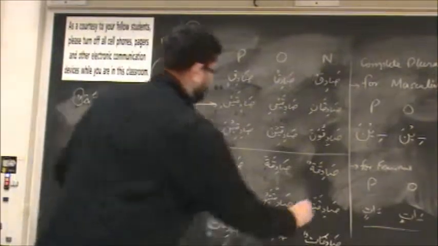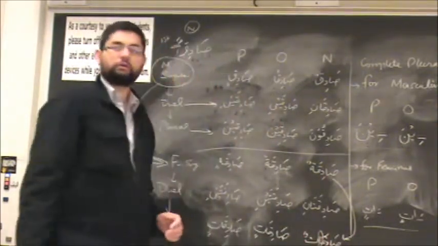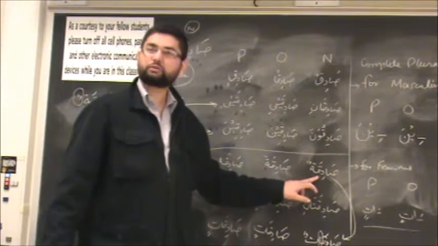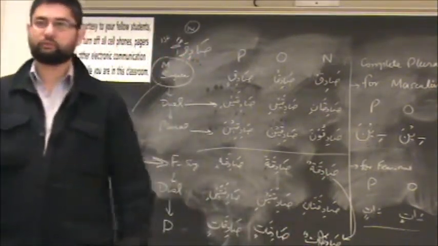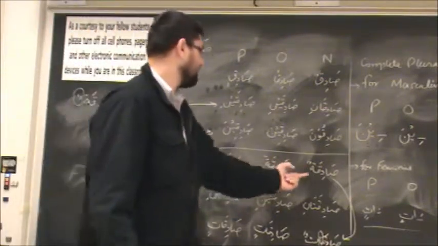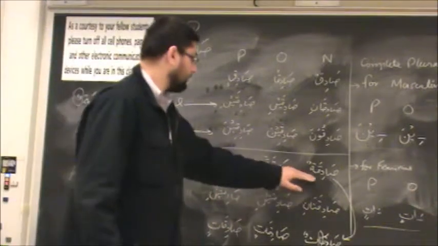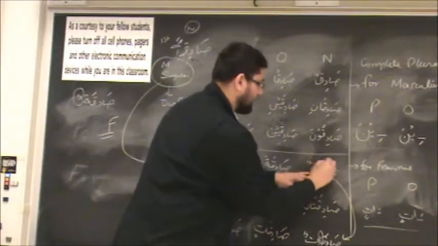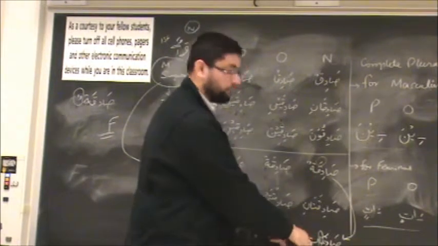The difference in these two is only this alif. It's sadiqatun, and this is sadiqatun. So see, with an alif, it becomes plural. So when you are saying it, you should just make a half sound here, not a full sound, because then it will become this.